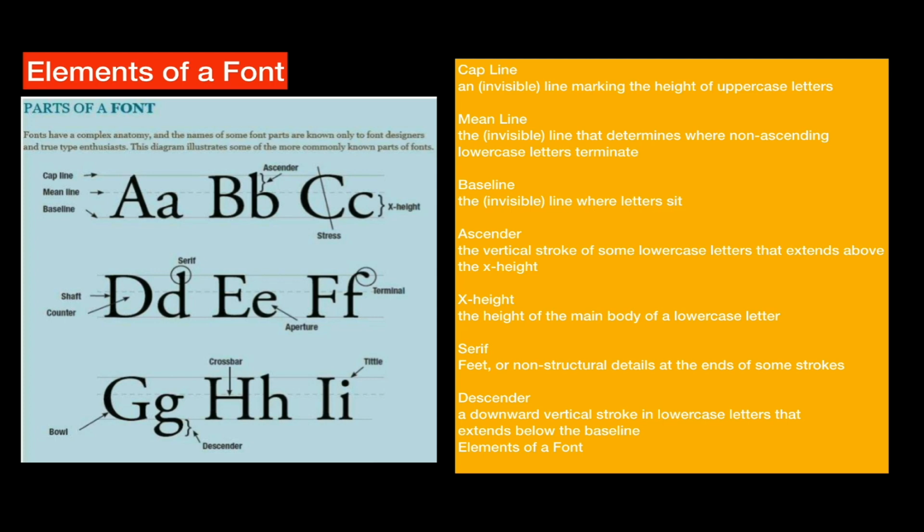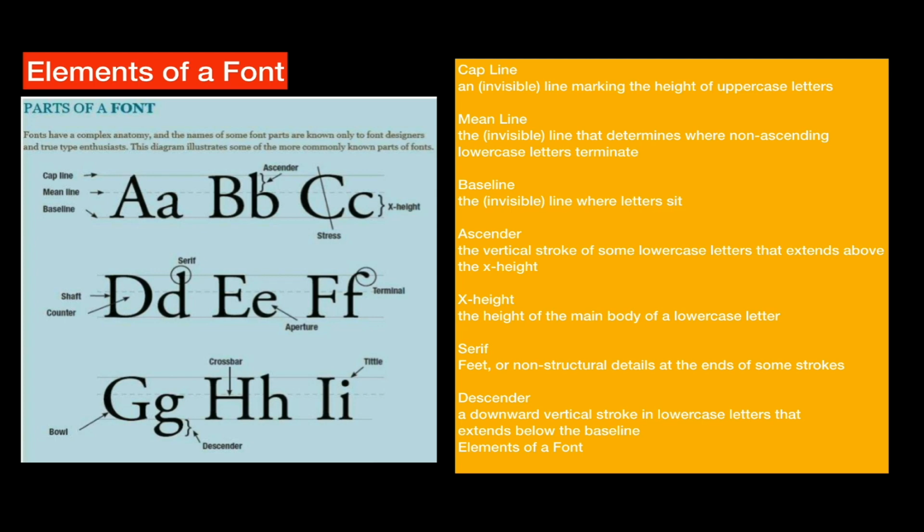The cap line, of course, if you look at my graphic to the left, is the very top line of the font. Think of the baseline as the bottom that the font face takes up. The cap line's the top, the baseline is the bottom, and the mean line is the middle line, usually where you'll see the characters kind of separate and change.